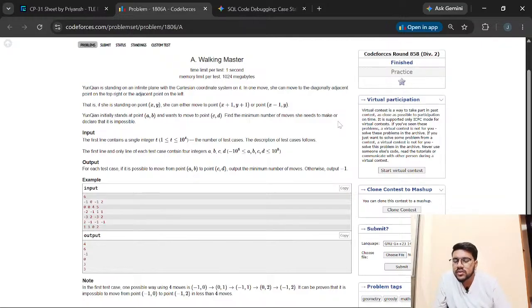Yunqian initially stands on A comma B and wants to move to point C comma D. Find the minimum number of moves she needs to make or declare that it is impossible. It can be proven that it is impossible to move from point minus 1 comma 0 to another point.